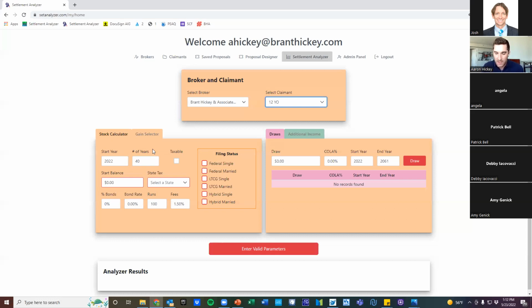If it has money in the portfolio after the duration that we've set, then we're going to call it a success. We'll say that that portfolio was better in that circumstance than a structure. If, however, at the end of the duration, that account is at zero or less than zero, we're going to say it failed. And we're going to say that structure was better than the investment portfolio.